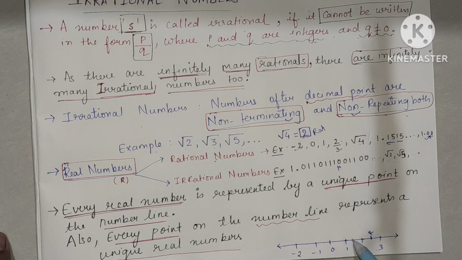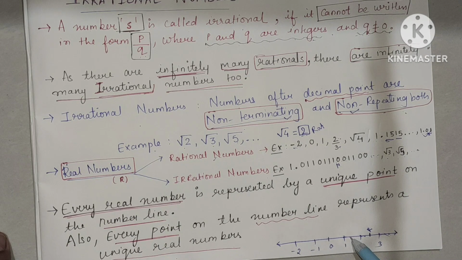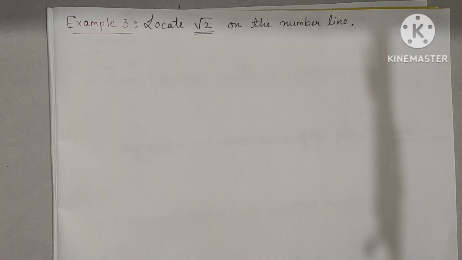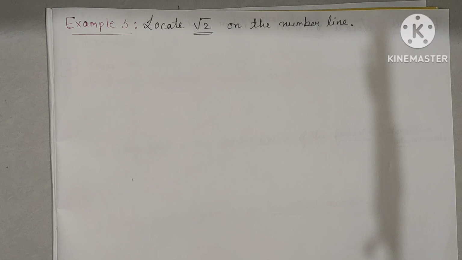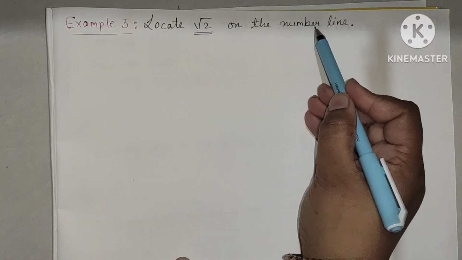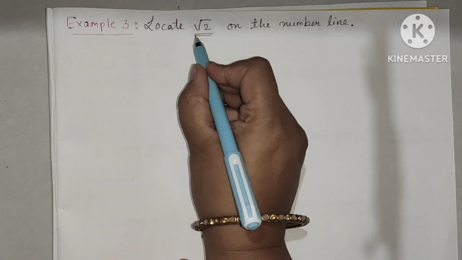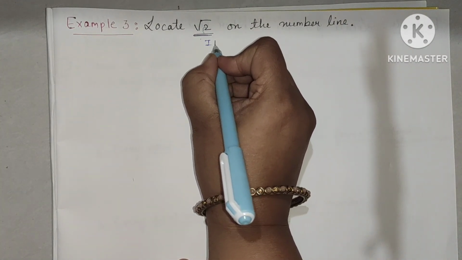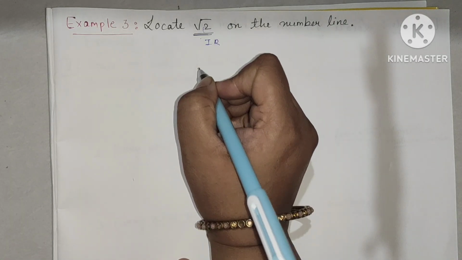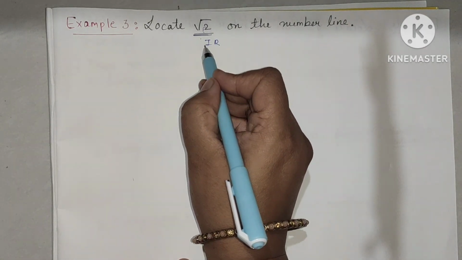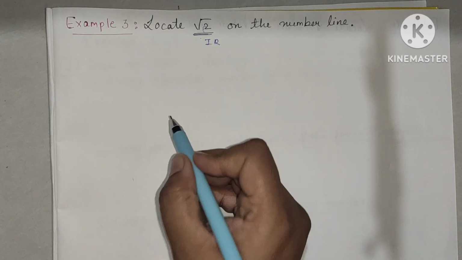If this is a number line, then any point on it will be a real number. Now we will see example number 3 from your textbook: locate √2 on the number line. √2 is an irrational number. How are you going to locate √2? We'll see in this section.